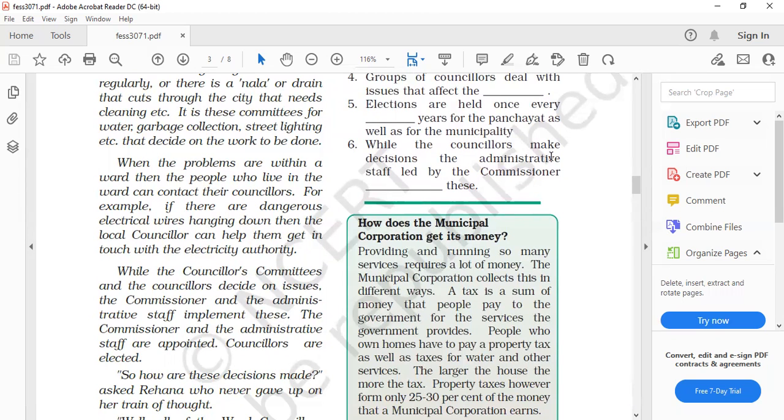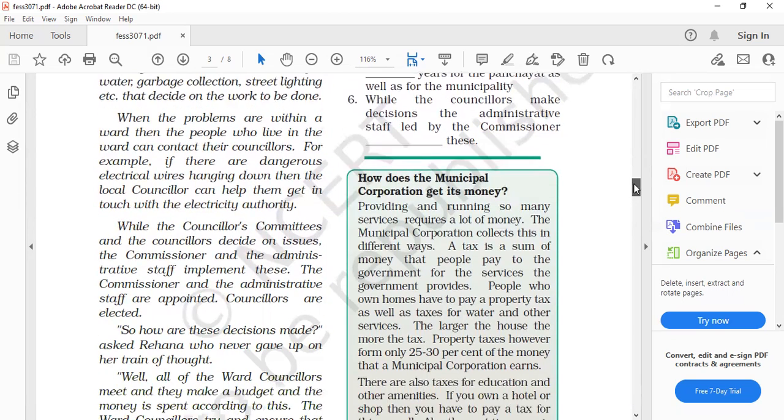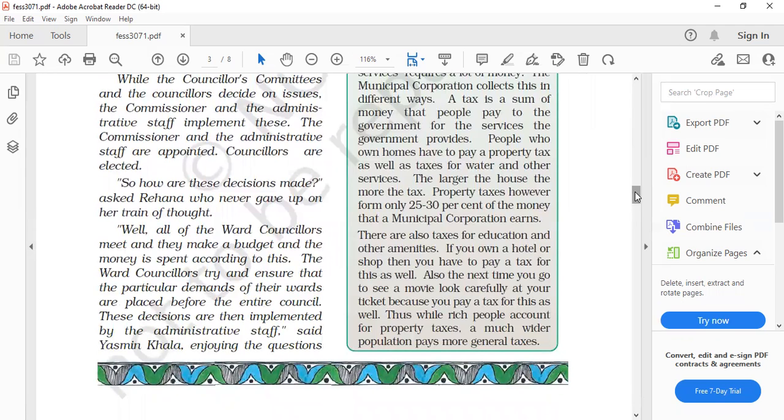And then again you have to write below: ward councillors meet and make a budget and the money is spent according to the problem, and these ward councillors try to ensure that the particular demands of their wards are placed before the entire council, and this decision is implemented by the administrative staff.